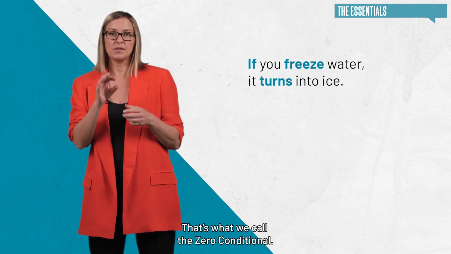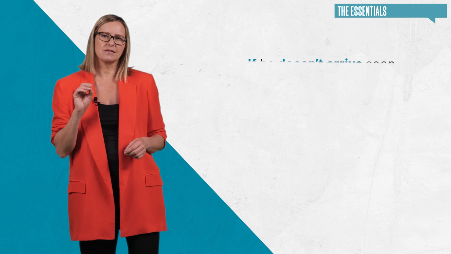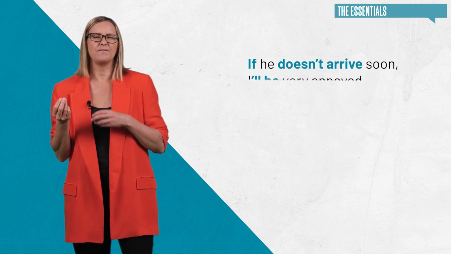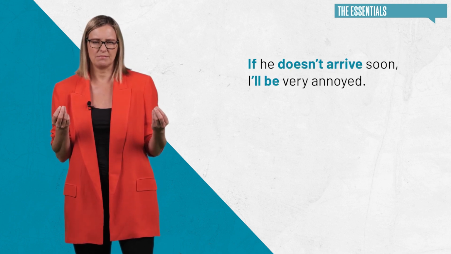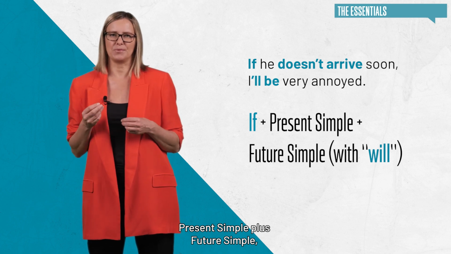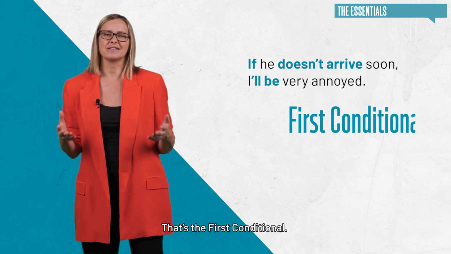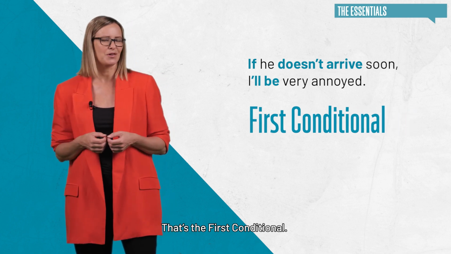That's what we call the zero conditional. If he doesn't arrive soon, I'll be very annoyed. Present simple plus future simple and a very probable conditional. That's the first conditional. Quite easy, right?